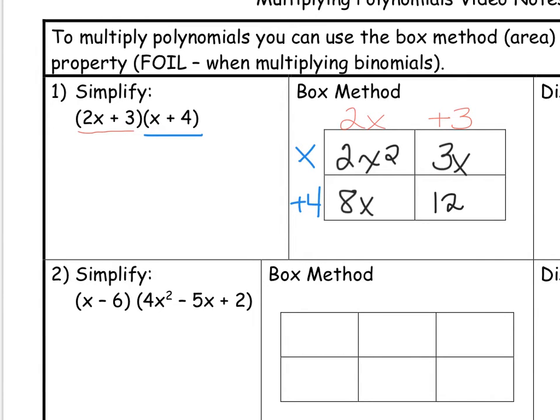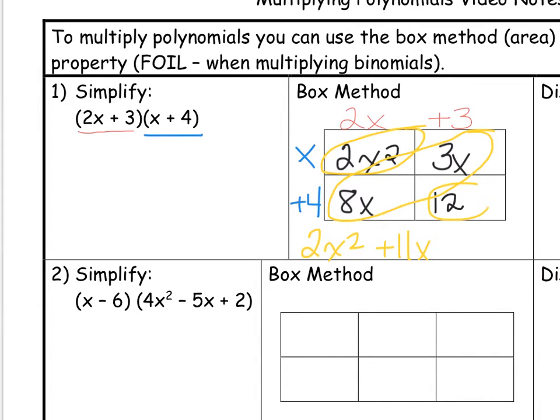So when we want to combine like terms or simplify this, all we have to do is look on the diagonals. I only have one term that has an x squared, so that's 2x squared. I have two terms that have the variable x, and 8x plus 3x is 11x.